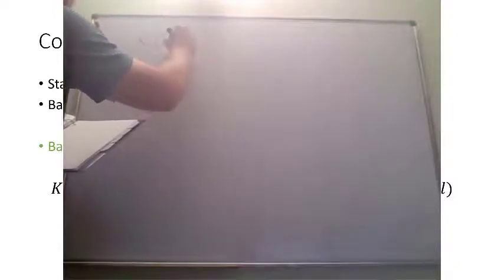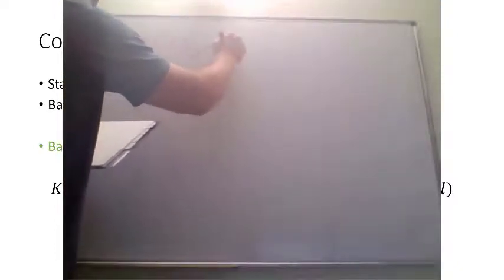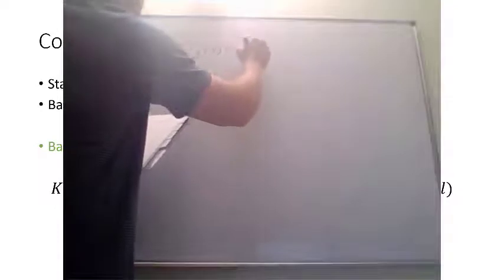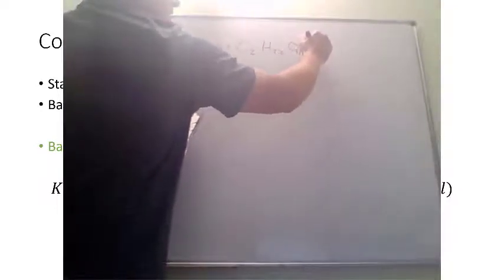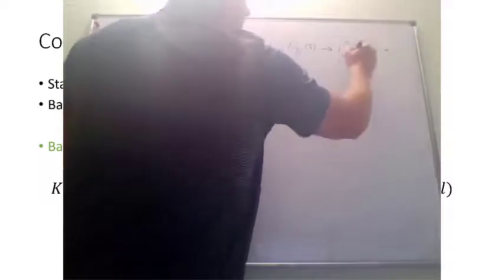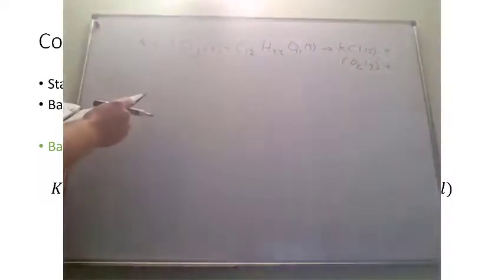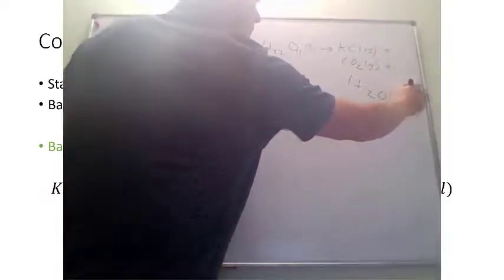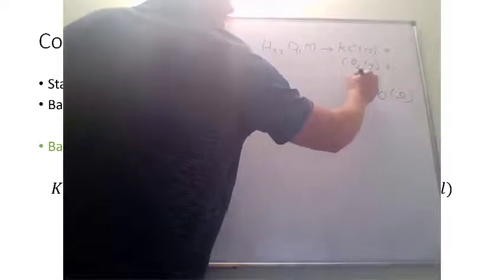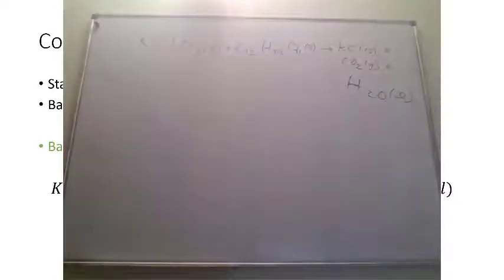Okay, if we write it up on the board, we have KClO3 solid plus C12H22O11 solid, which yields KCl solid plus CO2 gas plus H2O liquid. Okay, sorry, I kind of ran out of space on the board there.